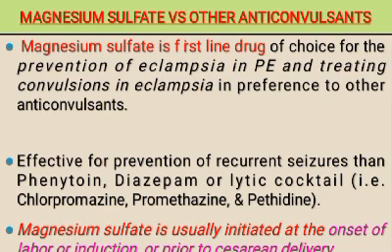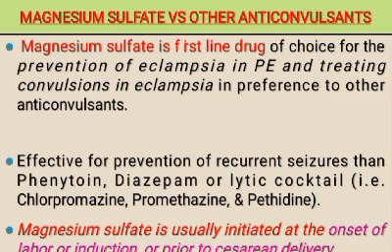Magnesium sulfate, versus other anticonvulsants. Magnesium sulfate is the first-line drug of choice for the prevention of eclampsia in preeclampsia and treating convulsions in eclampsia, in preference to other anticonvulsants.